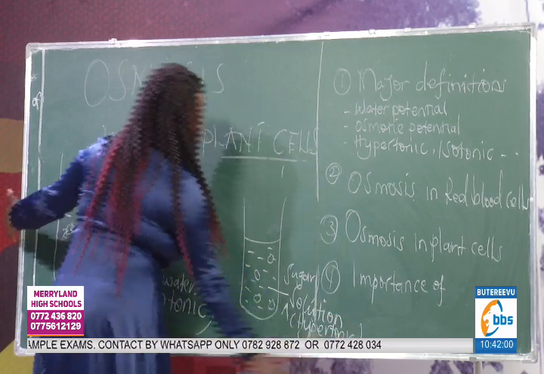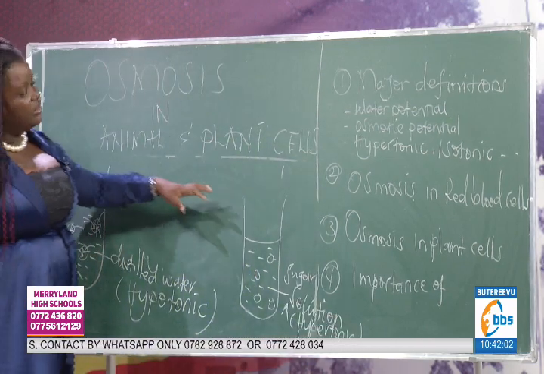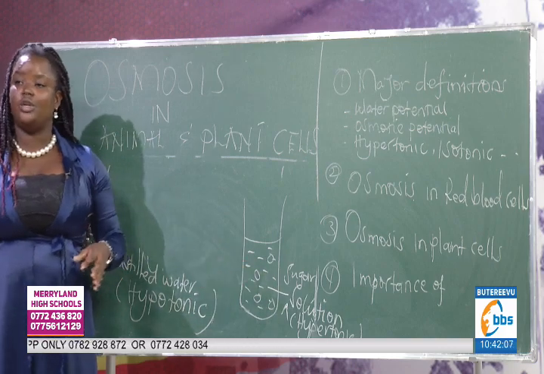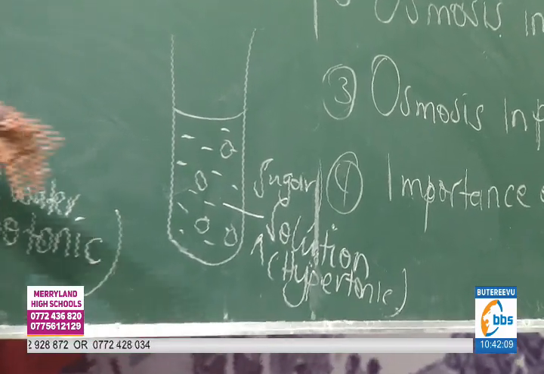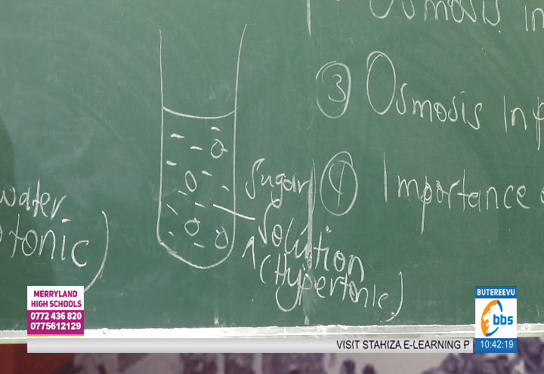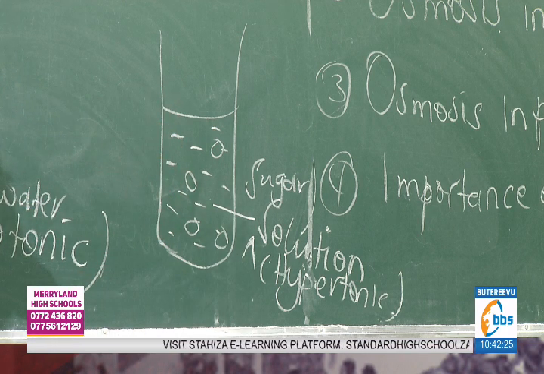As I explained earlier, the concentration of water in the surrounding sugar solution will be less than the concentration of water inside your red blood cell, meaning that the red blood cell is hypotonic to the surrounding environment, or the red blood cell's cytoplasm is more dilute. It contains more water than the surrounding sugar solution.